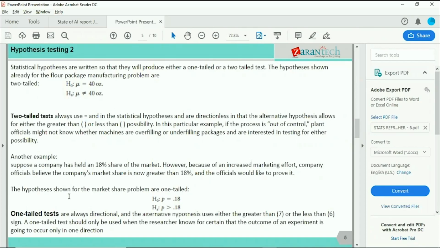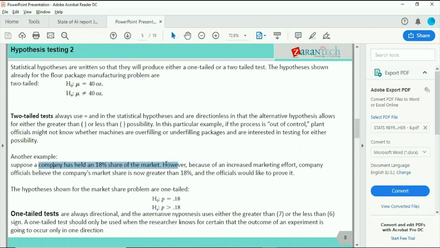Okay, let's see one more example to understand it better. Suppose a company has held an 18% share of the market. However, because of an increased marketing effort, company officials believe the company's market share is now greater than 18%. Right? And the officials want to prove it. Now here, what is the obvious thing?